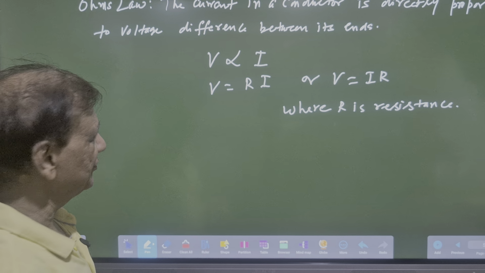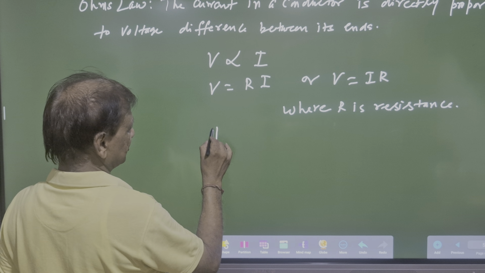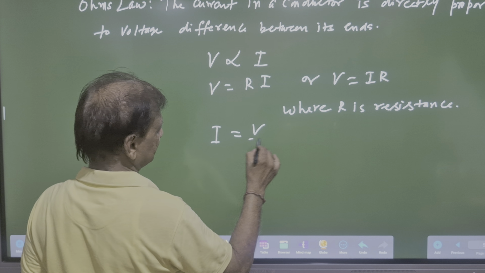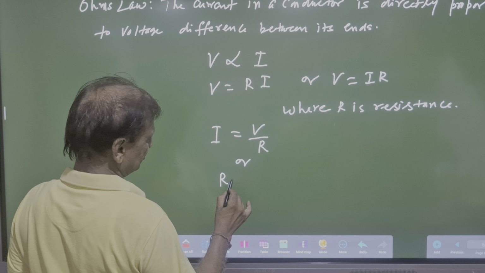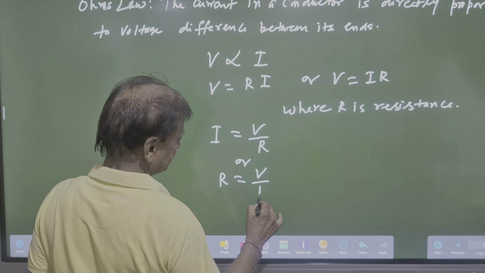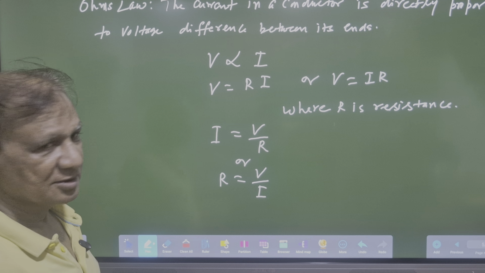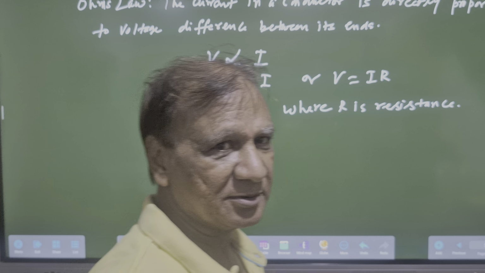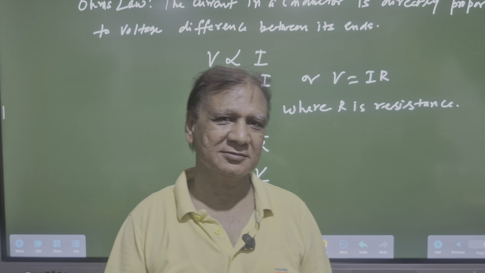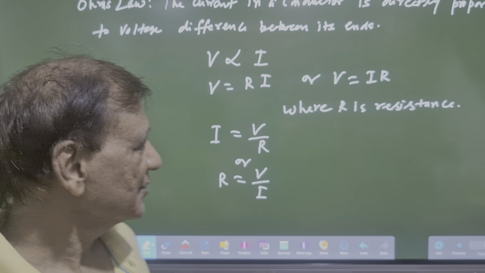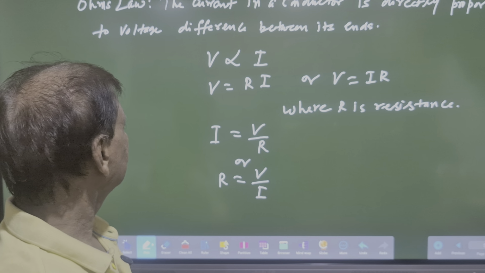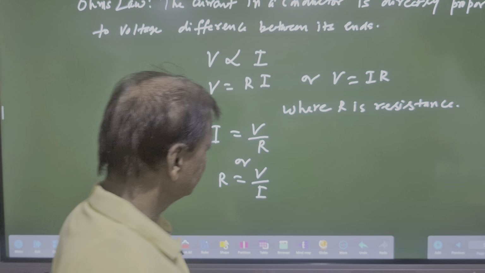Through this law we can find out I also. So I equal to V by R, or R equal to V by I. So this is Ohm's law, applicable in most calculations and most circuits, and we will study it in detail.